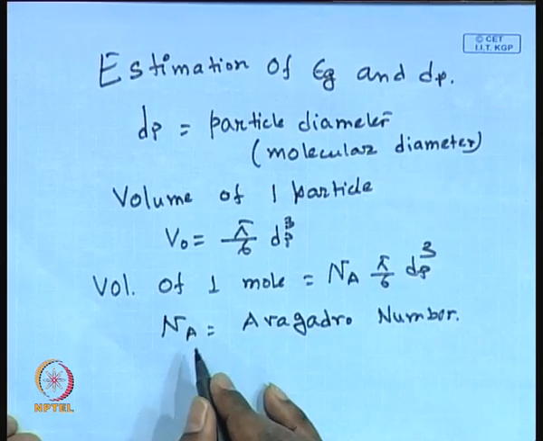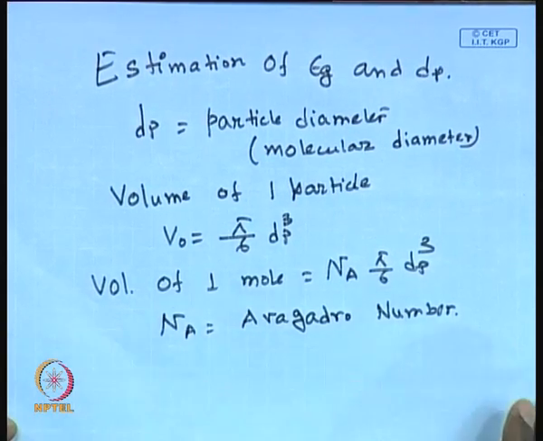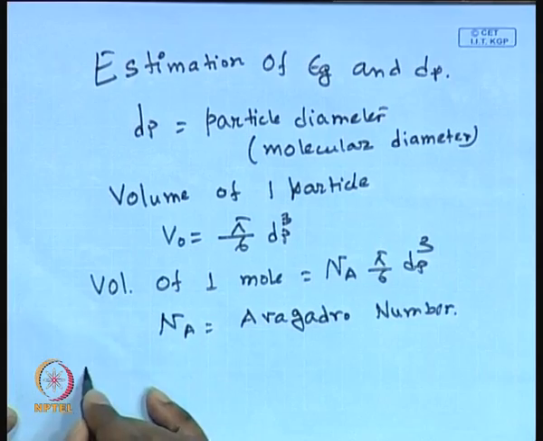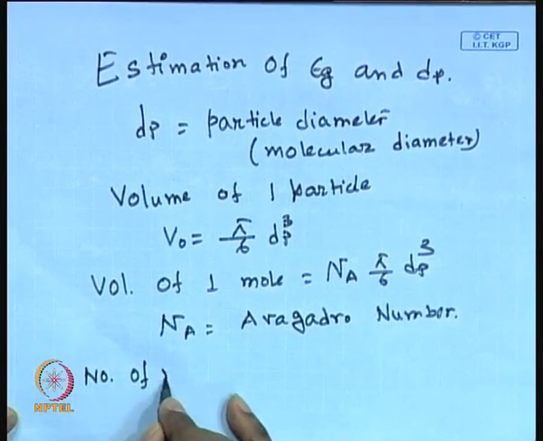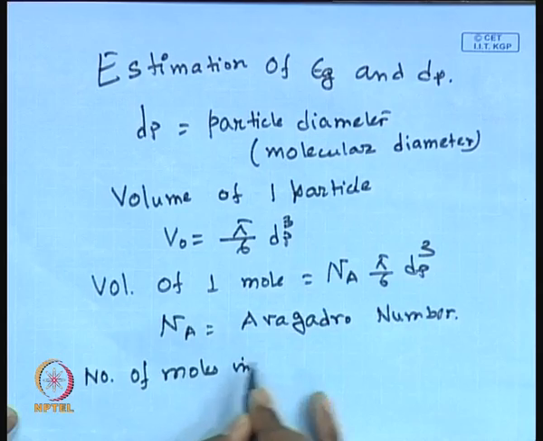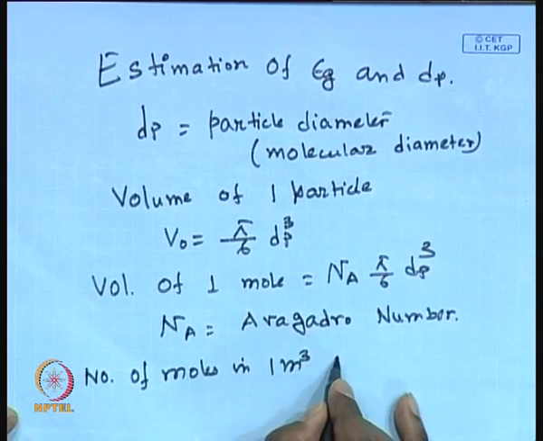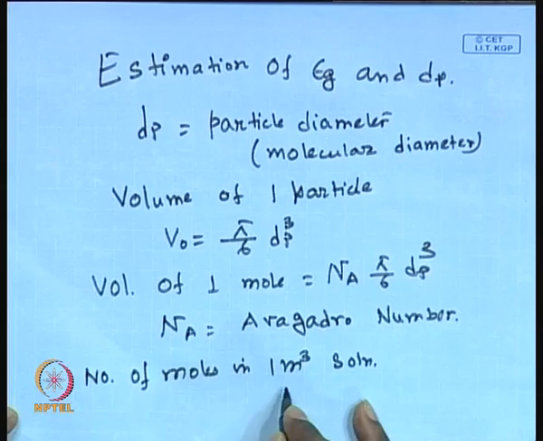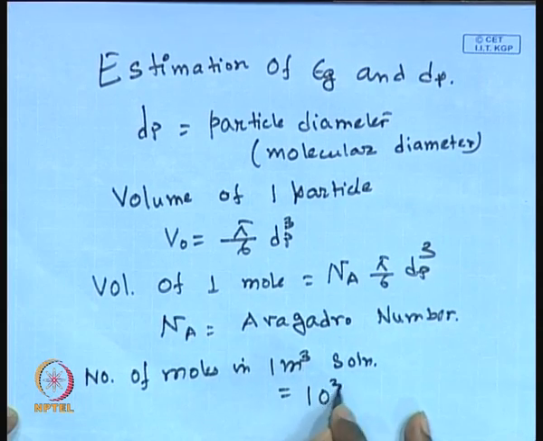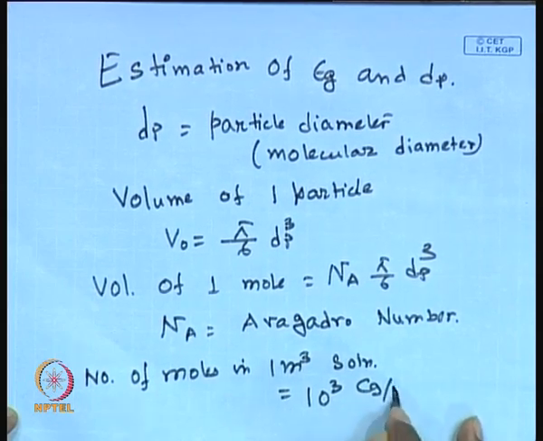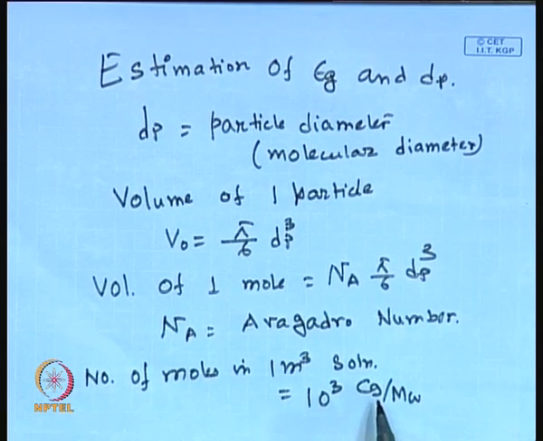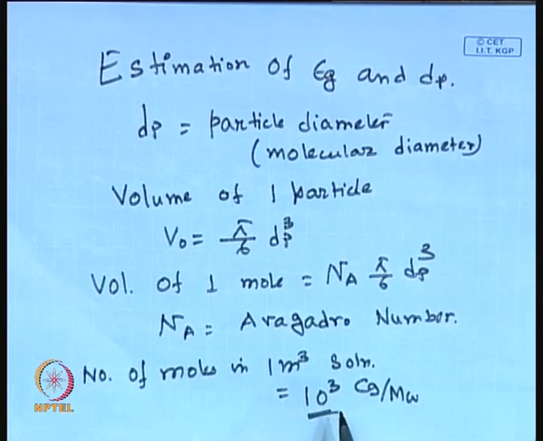Number of moles in 1 meter cube solution, let us say unit volume is 1 meter cube, is nothing but 10 cube multiplied by the Cg divided by the molecular weight. Cg is the gel layer concentration in kg per meter cube. So, if you divide by molecular weight, you will be getting number of moles, and this factor 10 cube comes out because this 1 meter cube solution you have taken.